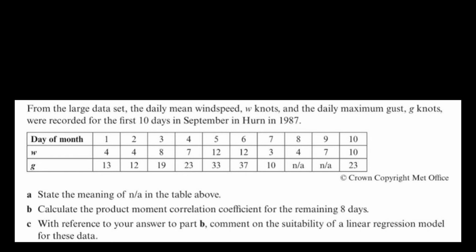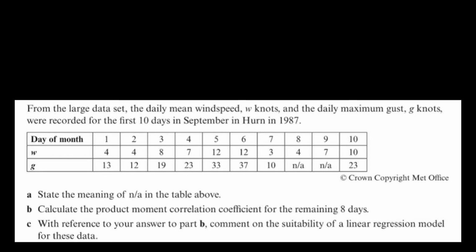The data we have in front of us is bivariate data. They come in pairs. We wouldn't be able to plot these onto a scatter graph if we only knew what one of the values were. We couldn't plot 4 for the mean wind speed and not know what the gust was. There's nowhere to plot that on a coordinate axis.